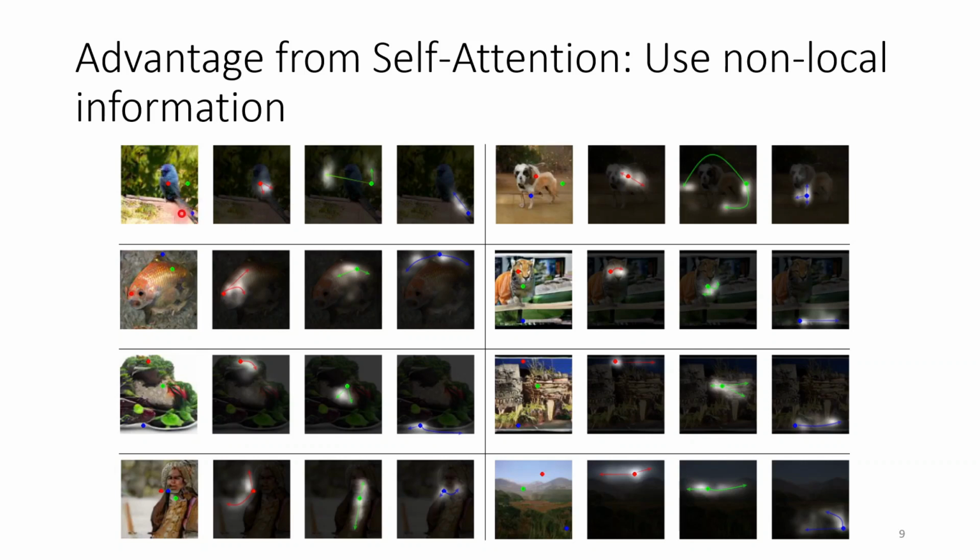So you can see some nearby regions contribute to the red dot. But the green dot is here, and somewhere far away, a non-local region, will contribute its value to the red dot.